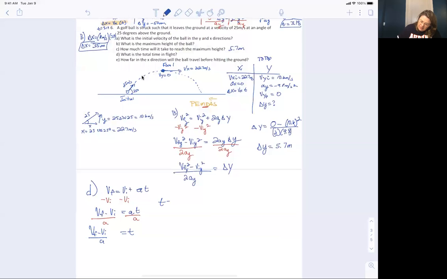So the time to get to the top is V final minus V initial divided by acceleration in the Y direction, and time equals 1 point, we'll call it 1.1 seconds.